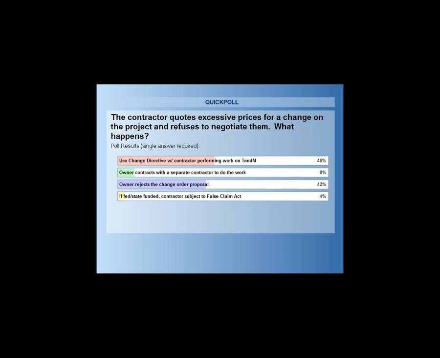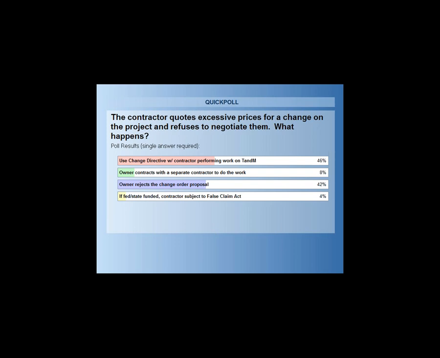Yes, and I'm going to just chime in a little bit on each one of these. On the first one, using a construction change directive and proceeding on T&M, that has its own set of consequences where it could increase administrative requirements and monitoring to track the T&M and make sure that those numbers are in line.